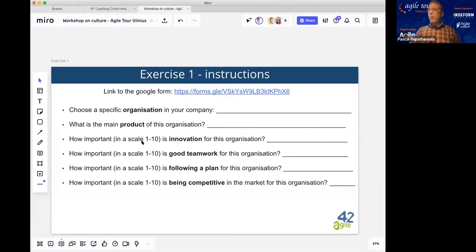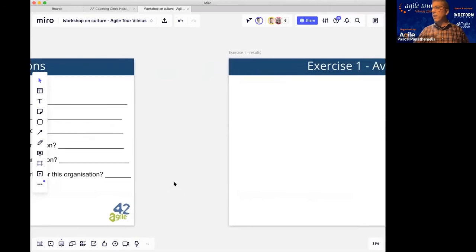Then give points from 1 to 10 for how important innovation would be in your organization, how good teamwork would be, how important it would be to follow a plan, and how competitive you want that organization to be in its market. Just go there and quickly, every one of you, give the points from 1 to 10, and we will look at the results soon.